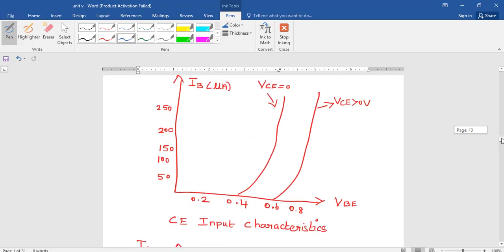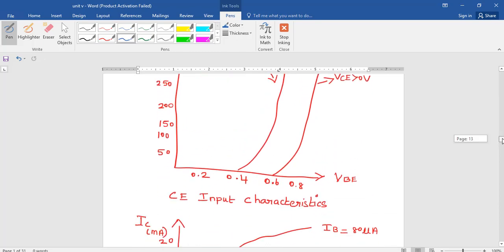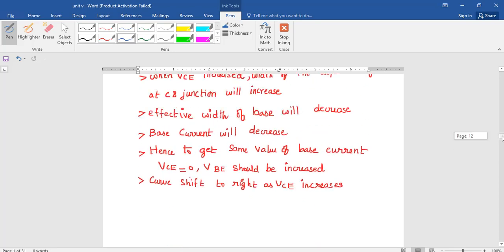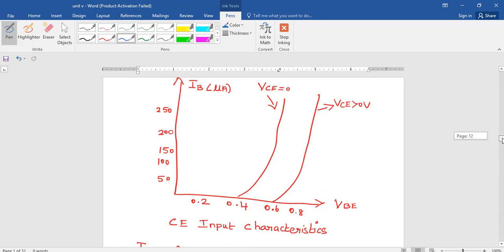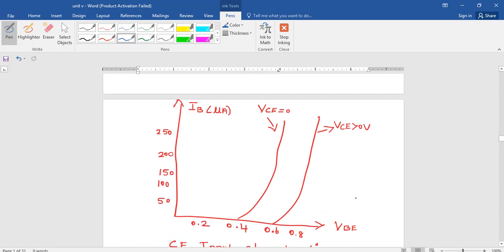This is your input characteristics. Here you can see that a graph is drawn between VBE and IB. Here VCE is kept as constant. First VCE is kept as 0 and then VBE is increased from 0 to 0.8 volt.